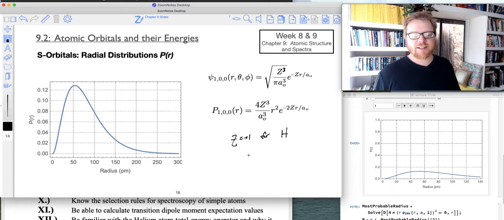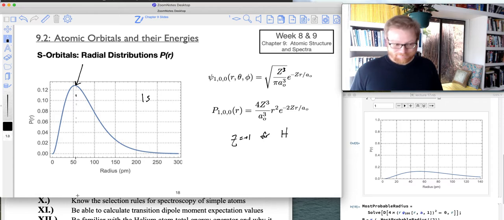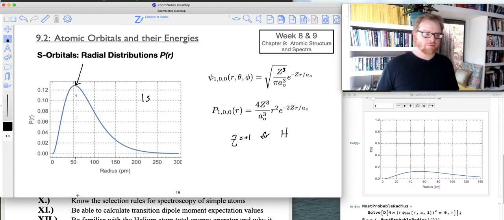And so when we look at this radial distribution for the 1s orbital, this is really cool. Check it out. The maximum, if we look at where that is and you trace it down, it's right around 50 picometers.